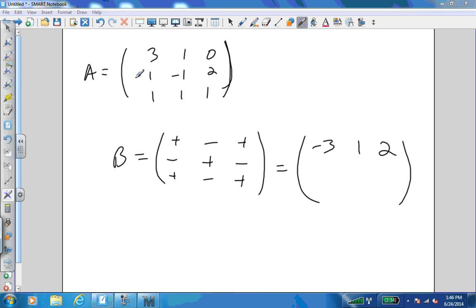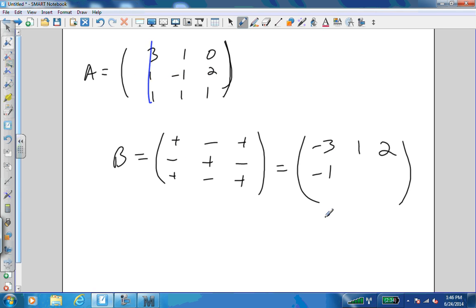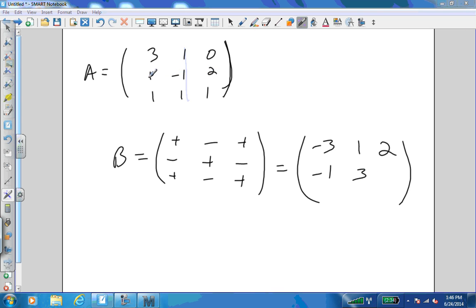Next row, cross out that row and that column, so 1 minus 0 is 1. We use the opposite, so minus 1. Row and column, so 3 minus 0 is 3. We use that sign. Row and column, you get 3 minus 1 is 2. Do the opposite, so negative 2.